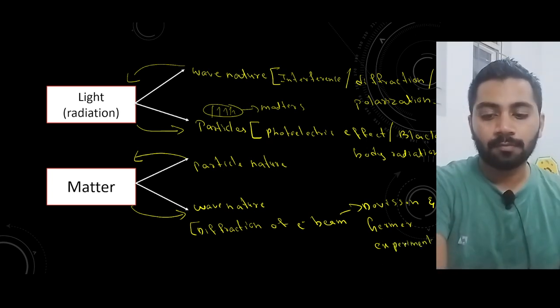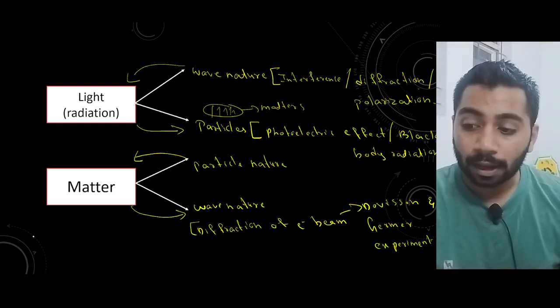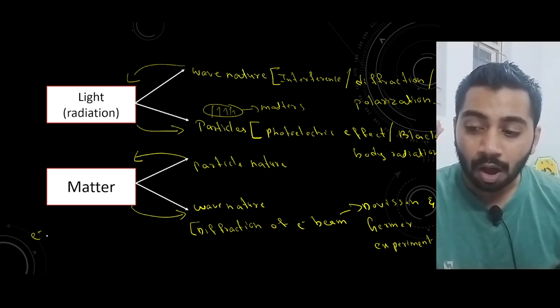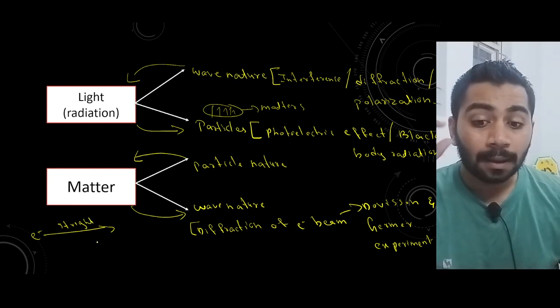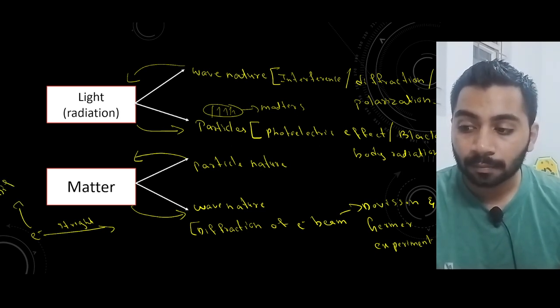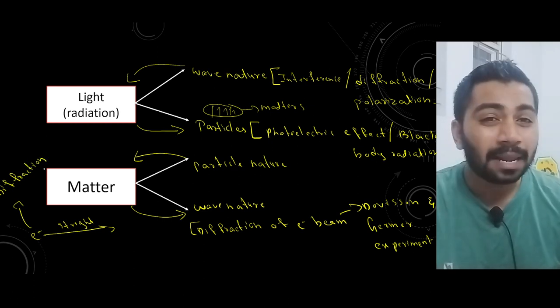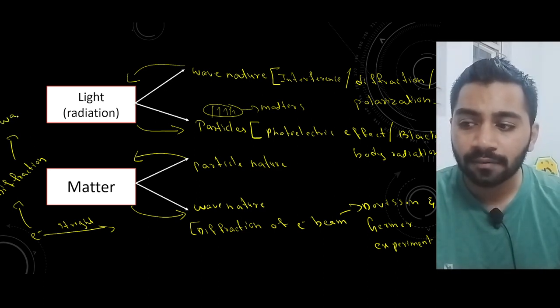Beautiful. Now basically what they did: we know a stream of electrons always travels in a straight line, but this electron started showing diffraction. Hey, this diffraction we only see in waves.